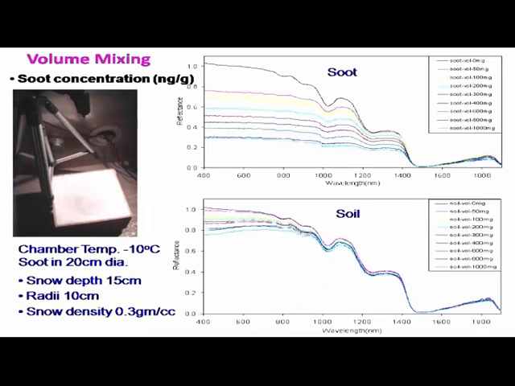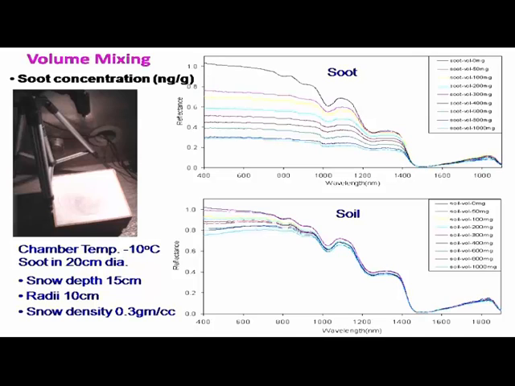However, there is a slight decrease in case of soil. So a small amount of contamination from black carbon contaminants can melt a lot of the snow.